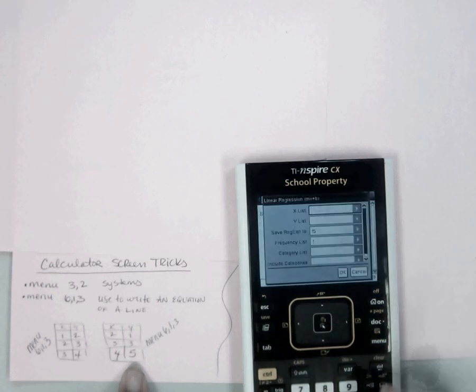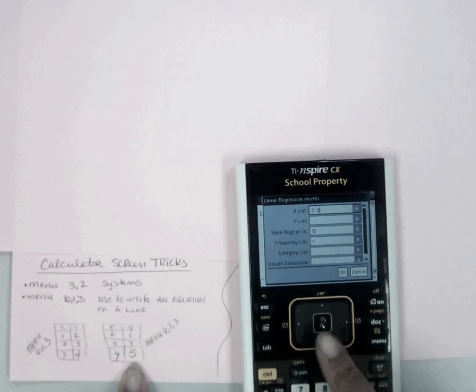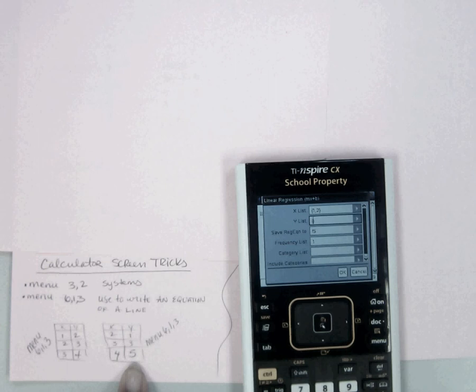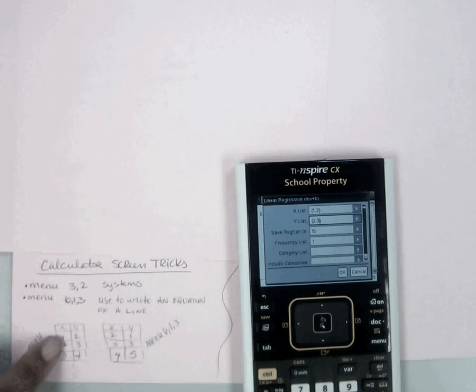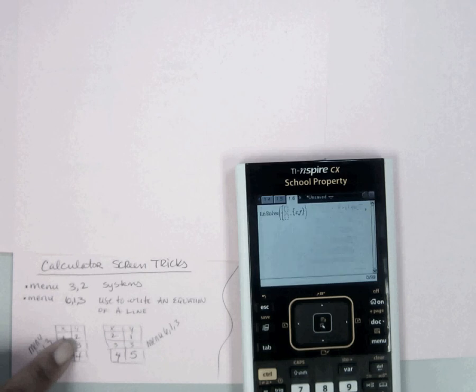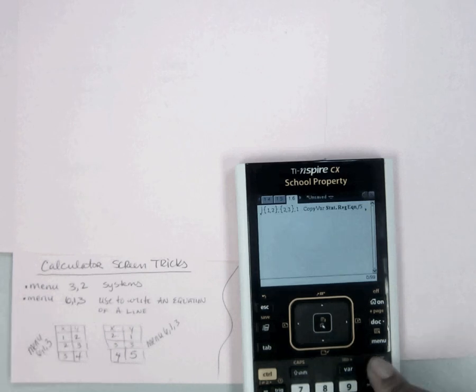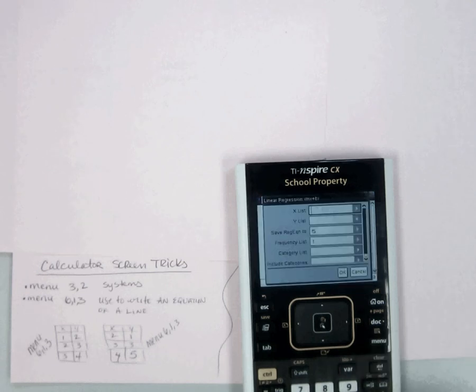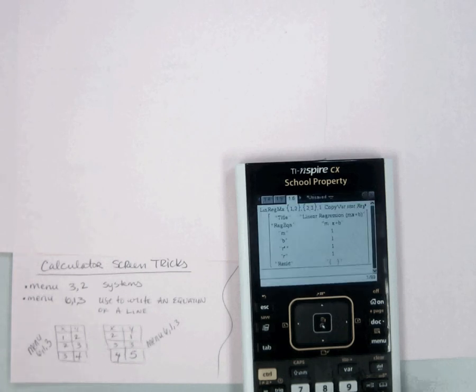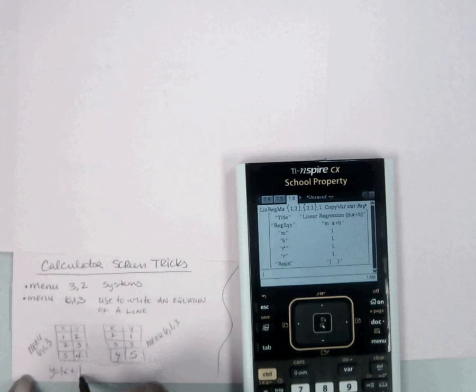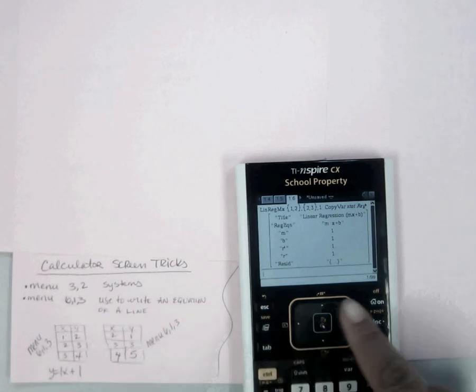Menu 6-1-3, control right, parentheses, 1, 2, control right parentheses, 2, 3, because I'm doing the x's and then the y's. It tells me a syntax error because I had some stuff in here previously, so let's delete that and do it again. Menu 6-1-3. Control right, 1, 2. Control right, 2, 3. And this is y equals 1x plus 1. Now we do the next one.